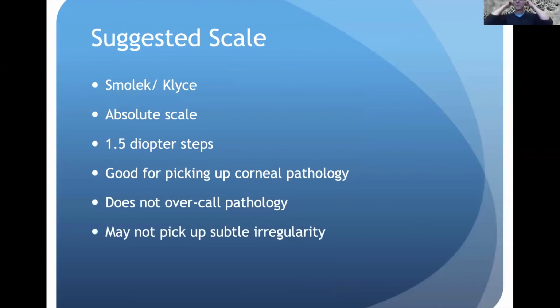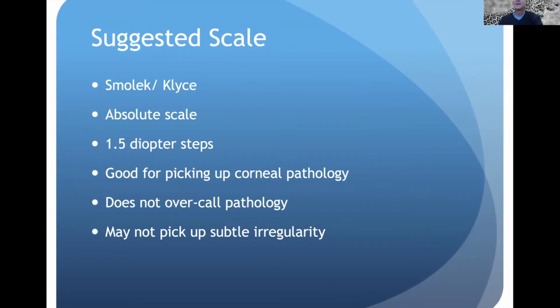And that's important. Sometimes you'll see people present at meetings, and they'll say, "Oh, look, this patient has obvious inferior steepening." But you look at the scale, and it's a normalized scale, and it's quarter diopter steps.